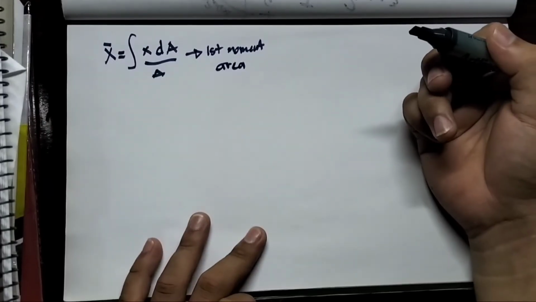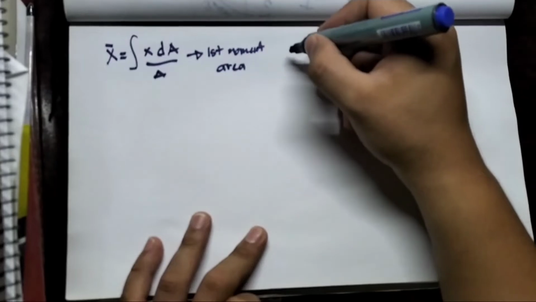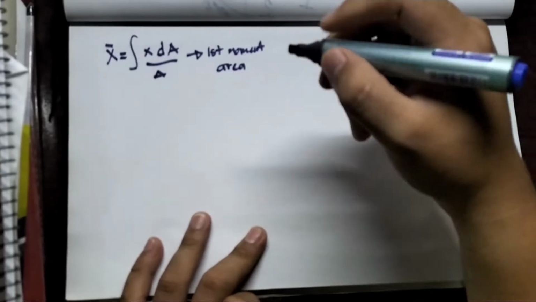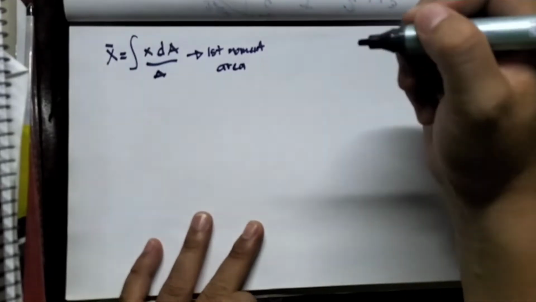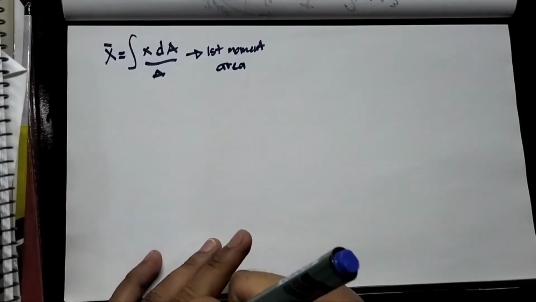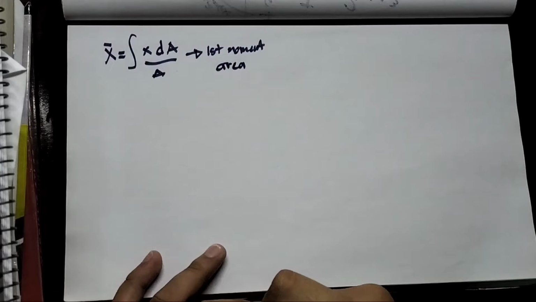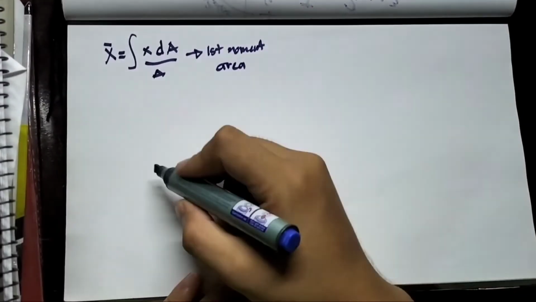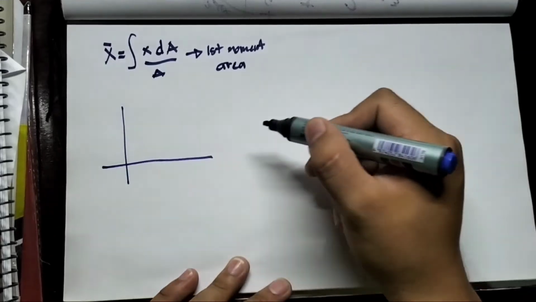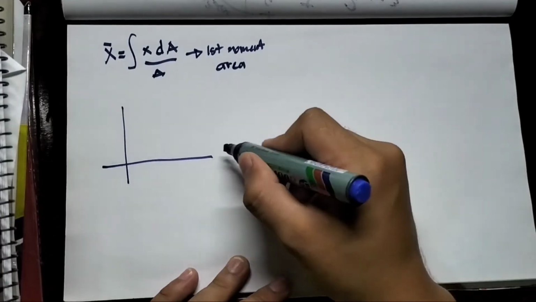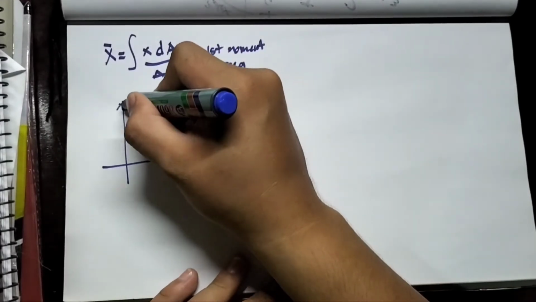And the moment of inertia is so-called the second moment of area. Sorry. So, ganito lang yan. So, paano nga ba natin nakuha yung formula ng moment of inertia? Ito lang.